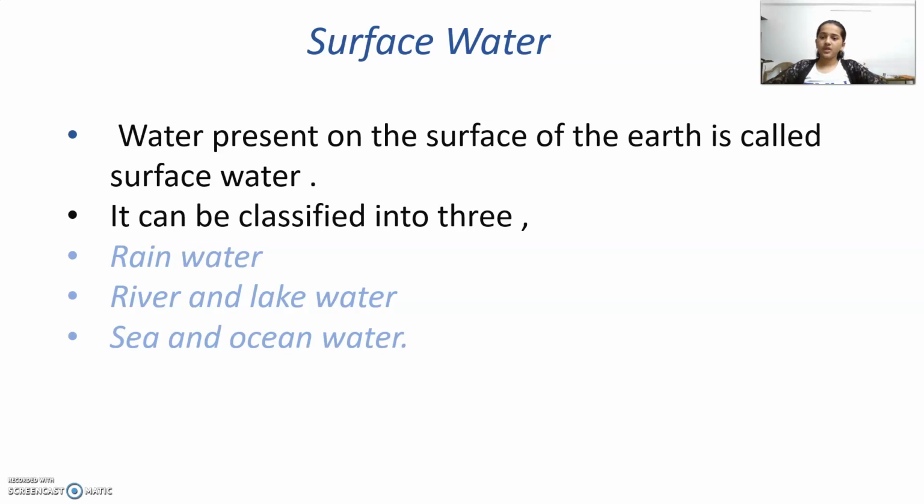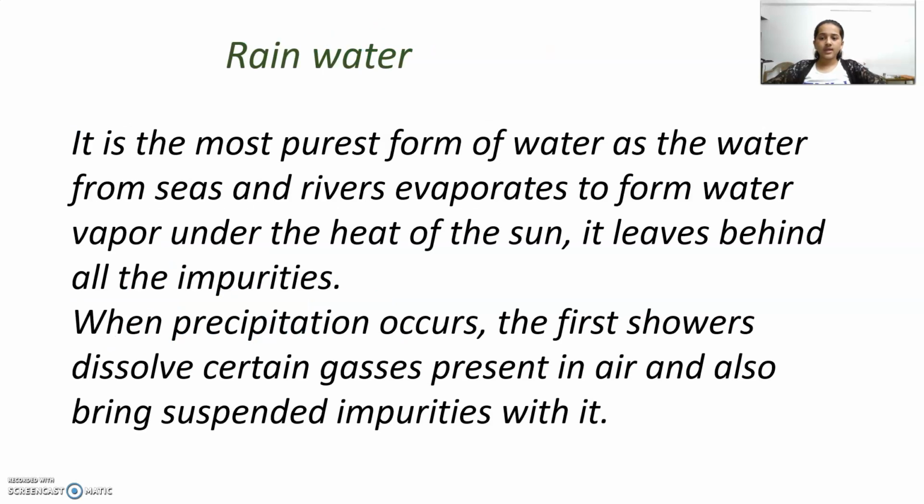Surface water. Water present on the surface of Earth is called surface water. It can be classified into three parts: rainwater, river and lake water, and sea and ocean water. Rainwater.